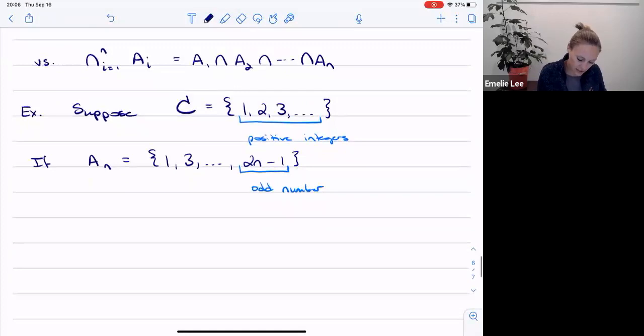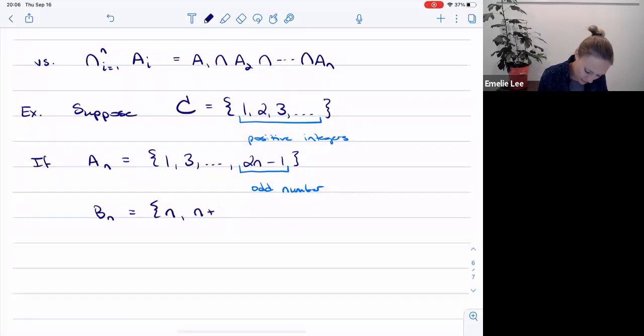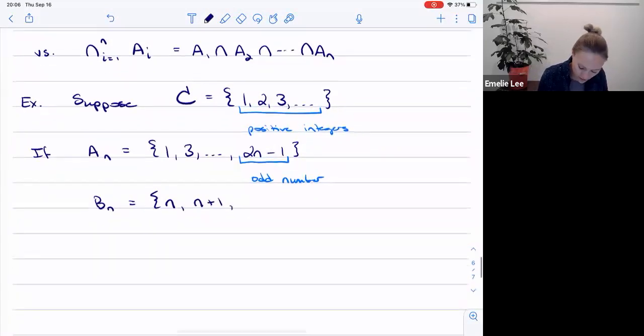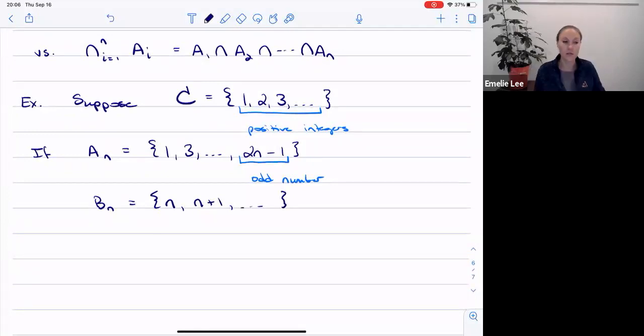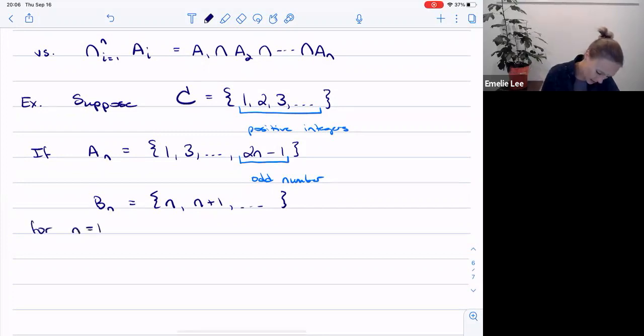So if that's A, we're going to let B subscript n be n plus 1 all the way to infinity, for n equal to 1, 2, 3, and so on.